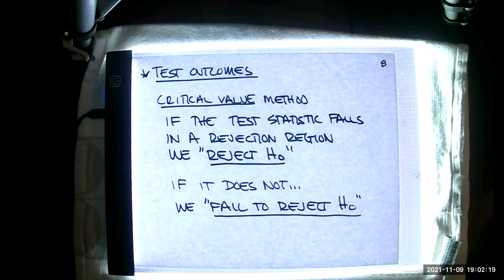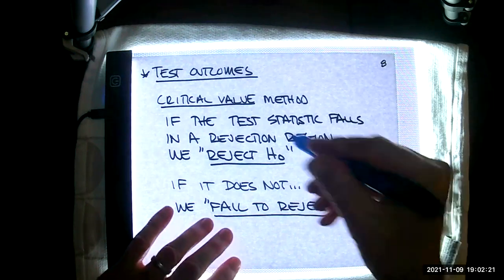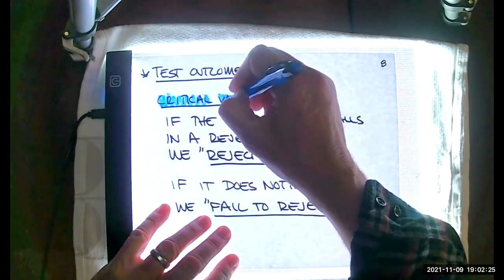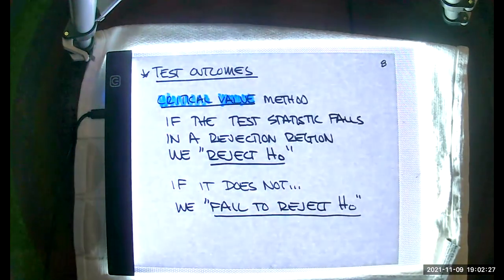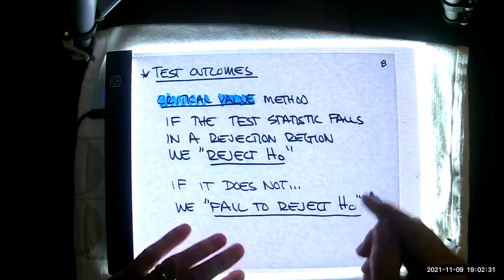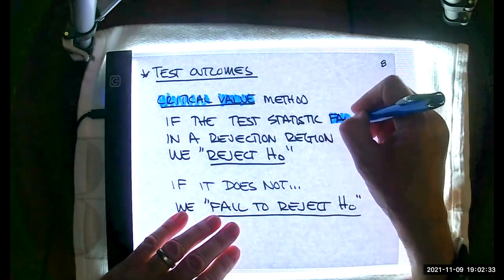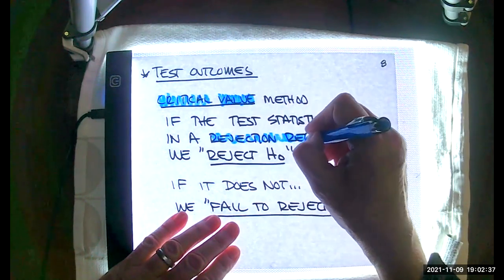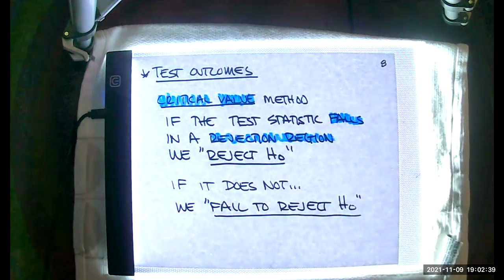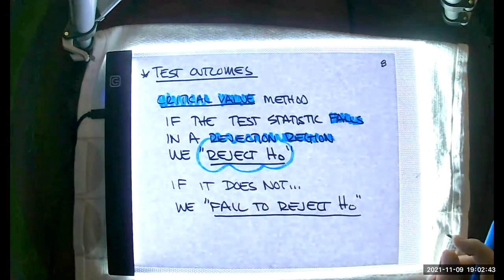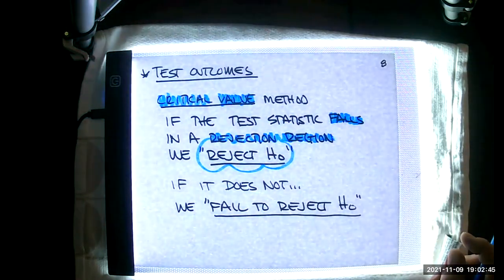If I'm looking at the critical value method, I believe I said this last night, but I want to make it even more precise. If that test statistic falls in the rejection region, maybe there's 2, depending on the test, then we reject the null hypothesis.